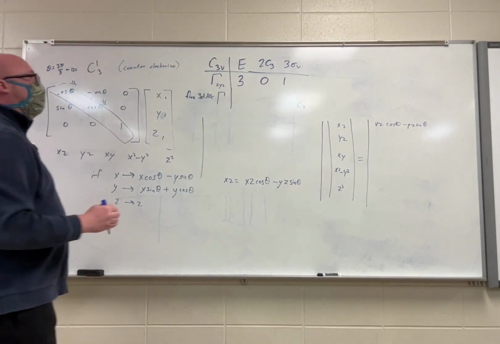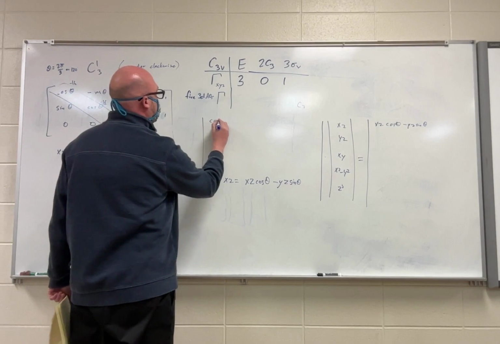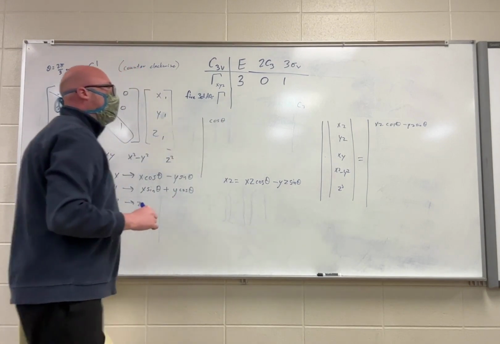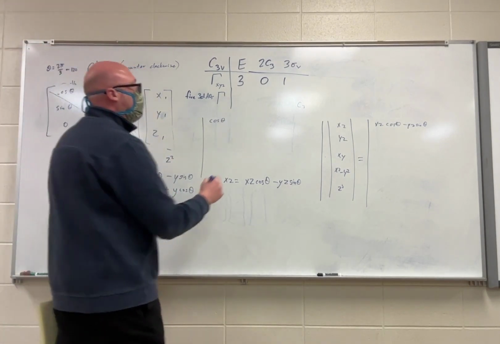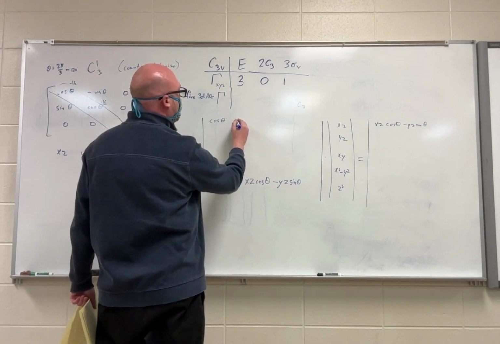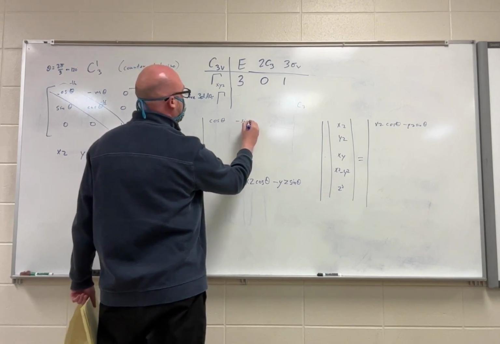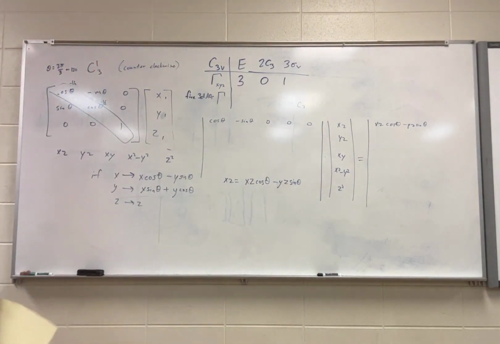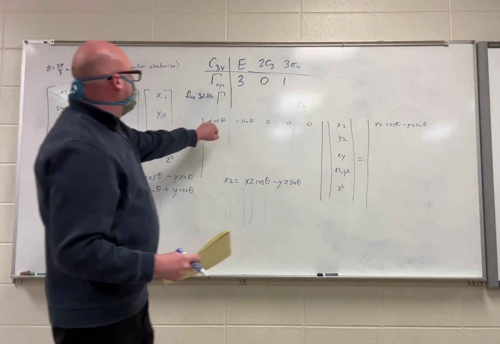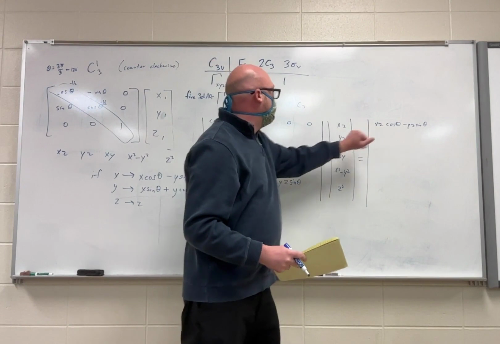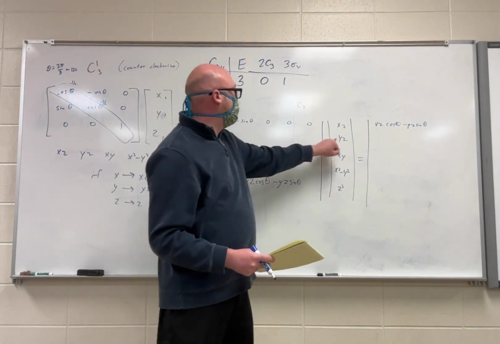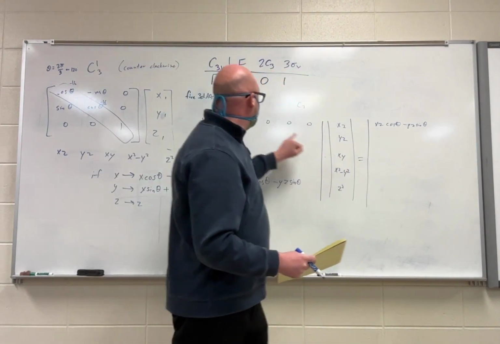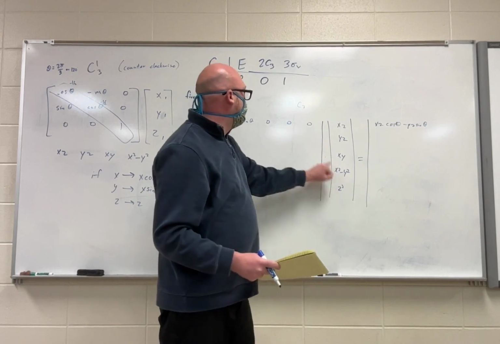And so that means I need a cosine theta and then a minus sine theta, and every other term in this row is 0. Does that make sense? So cosine theta times xz gives me this, plus minus sine theta times yz gives me this, plus 0, plus 0, plus 0.